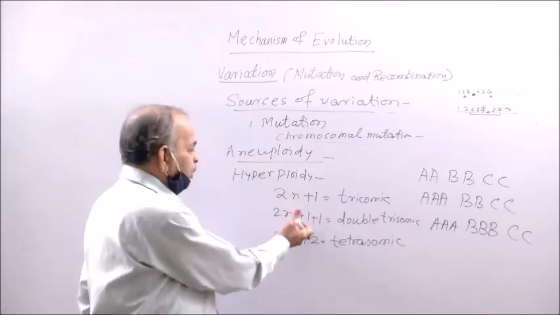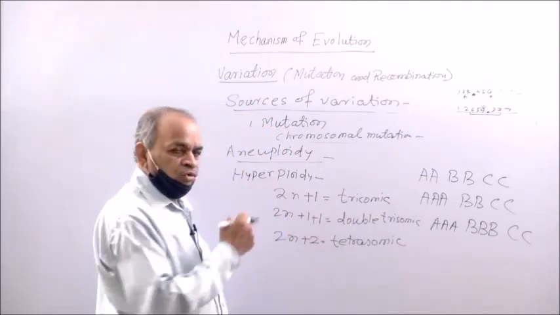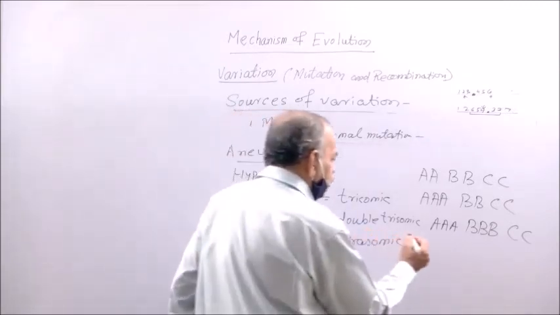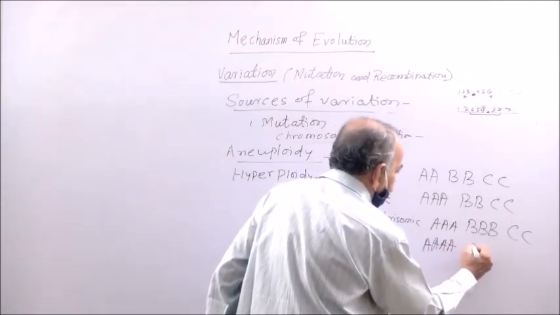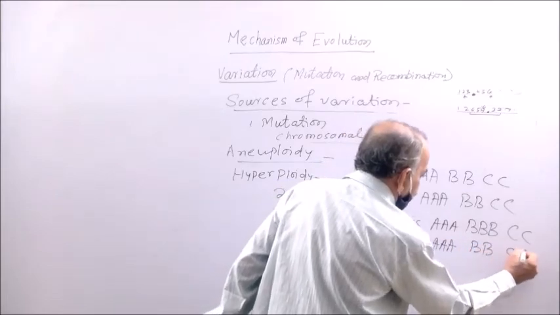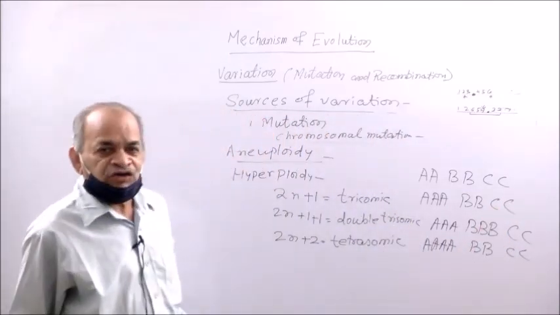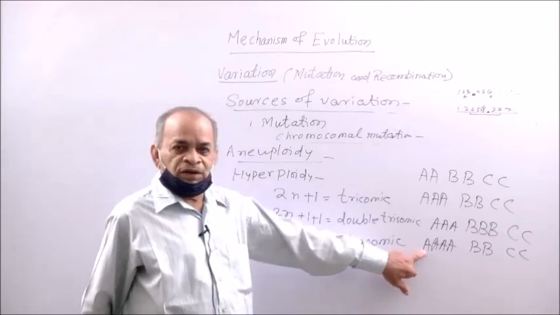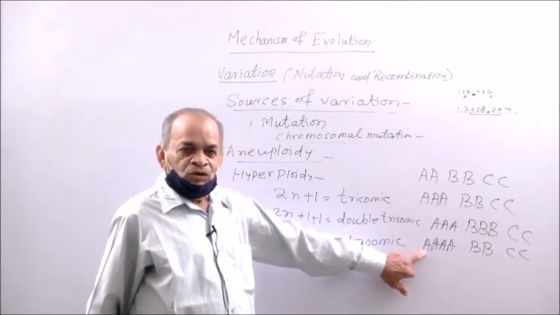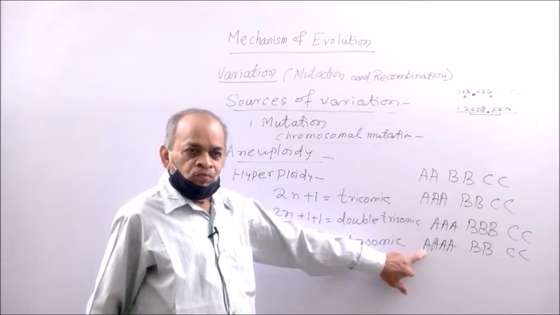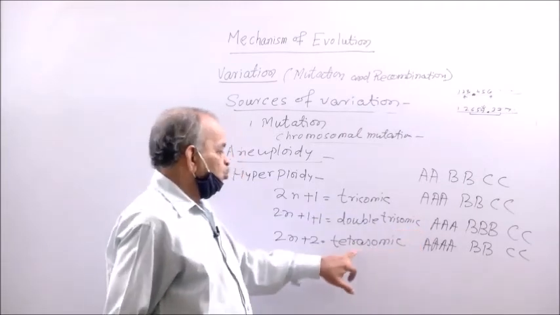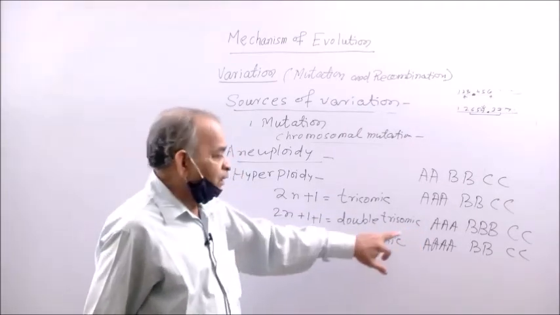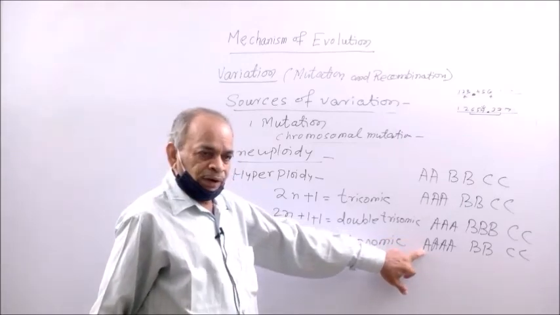Now 2n plus 2 will be like this: instead of 2, 4 same chromosomes are present, so 2n plus 2 is known as tetrasomic.